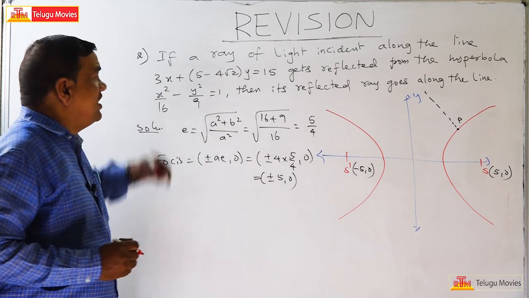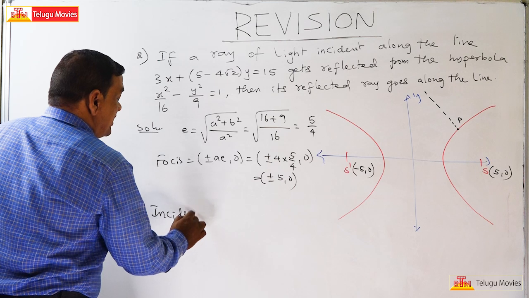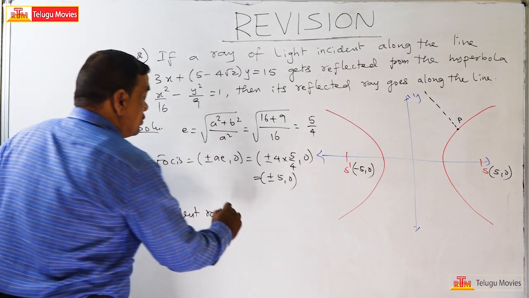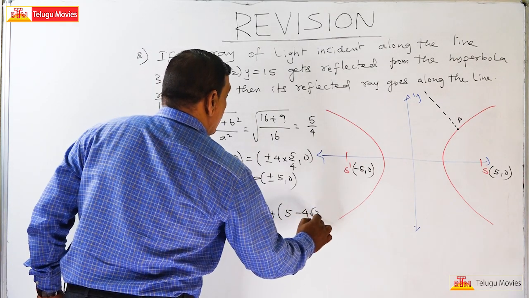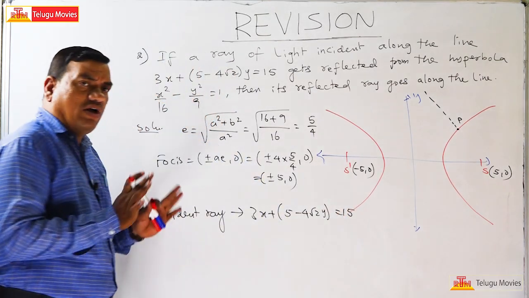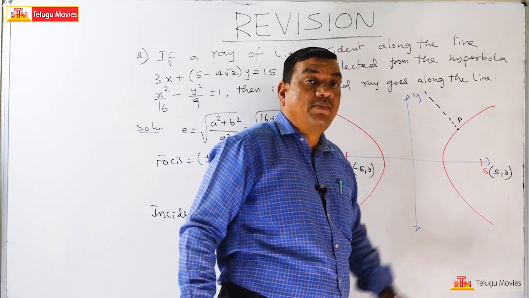So what is the equation of the incident ray? The equation of the incident ray is 3x plus 5 minus 4 root 2y is equal to 15. If you observe very clearly, see the focus here, 5 comma 0.